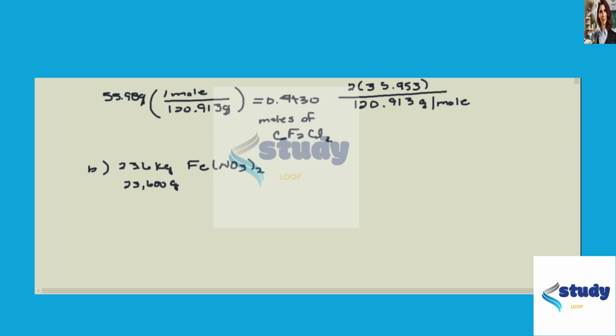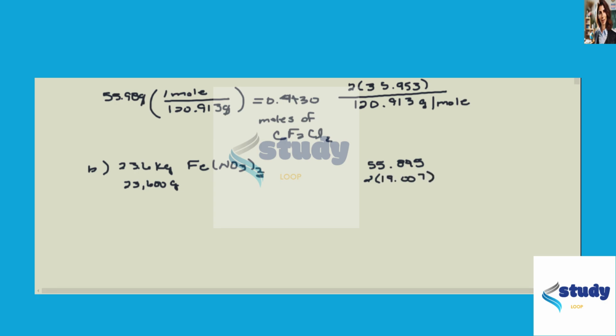Now the same thing. We go to our periodic table and look for iron. We don't have any subscripts, so it's 55.845. Nitrogen is 14.007, but I have two of those, so I have to do 2 times 14.007.